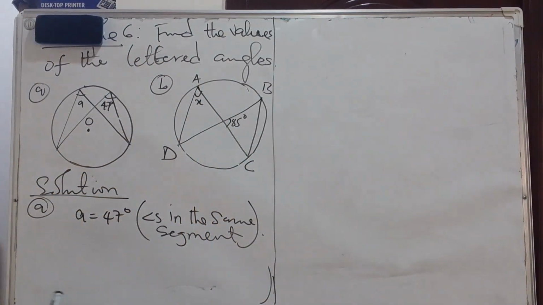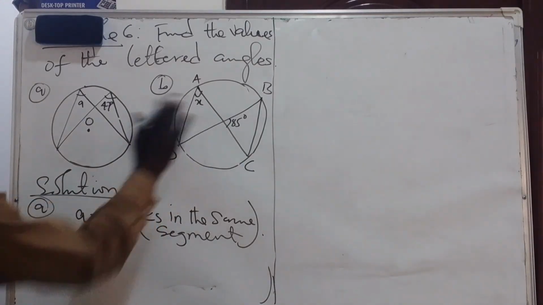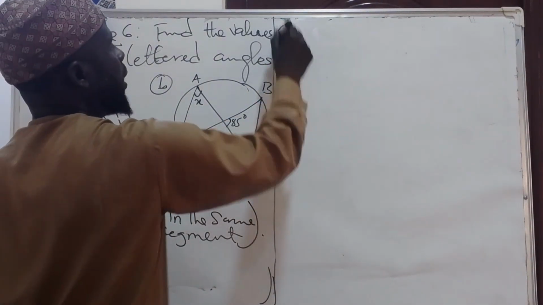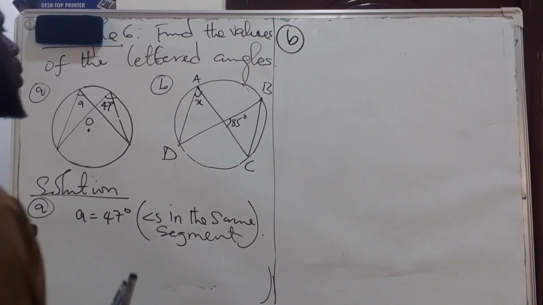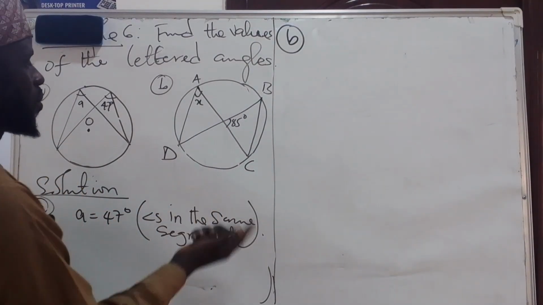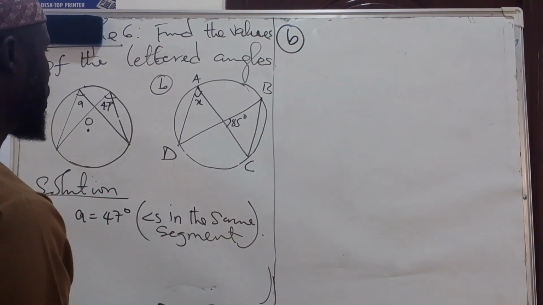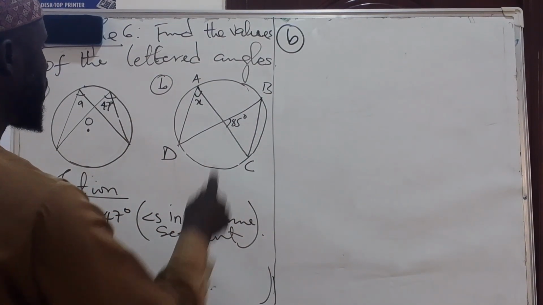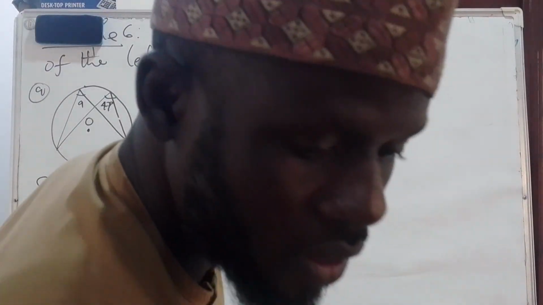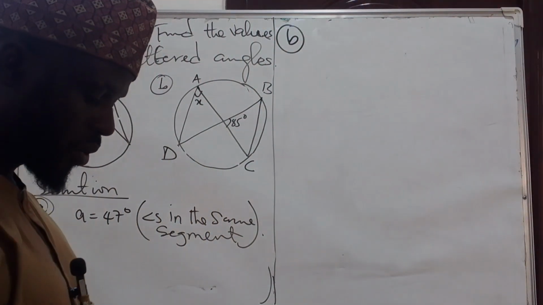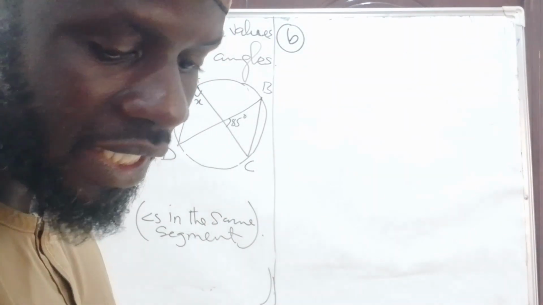The question is saying we should find the value of x in B. You cannot just go direct. Suppose you have a value here, you can say that this value is equal to x. Let me check what this means. CBX.